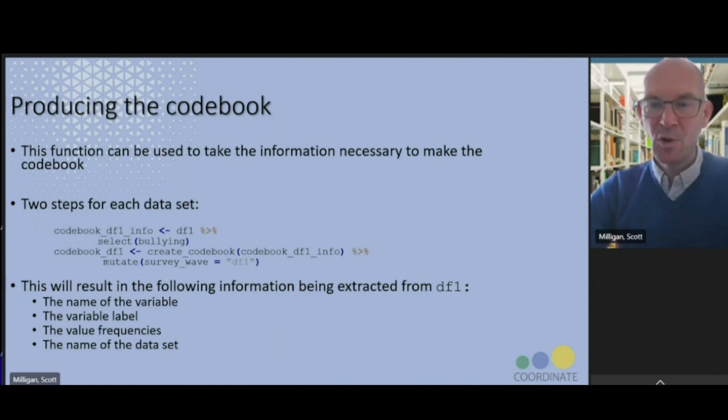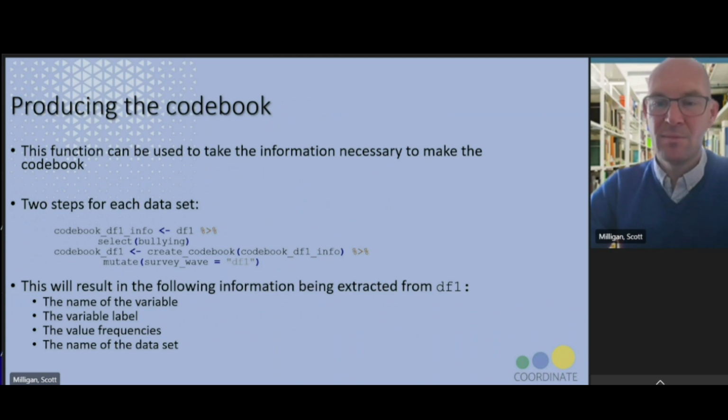To produce the codebook, we first take the info that we want, in this case the bullying variable, but of course it could be any variable that you're interested in. We use the function that we created in the last slide to get this information. So there are basically 2 steps for each data set. We first produce a little codebook with the following information. In this case, it's being extracted from the first data frame in this short snippet of code.